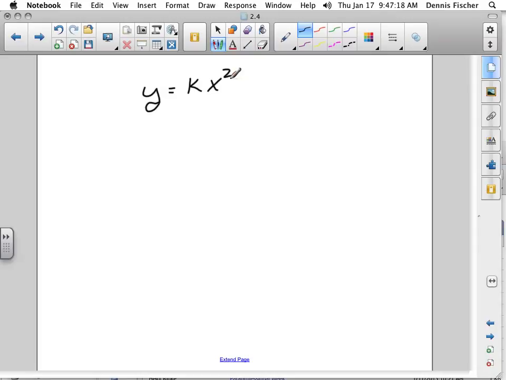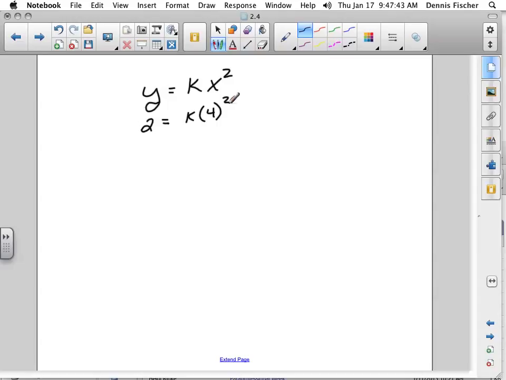Now this problem says, if y is 2 and x is 4, okay? Y is 2 when x is 4. Nothing all drastic, right? Now I can solve for k. When it's x squared, k equals y over x doesn't work, because it's x squared.